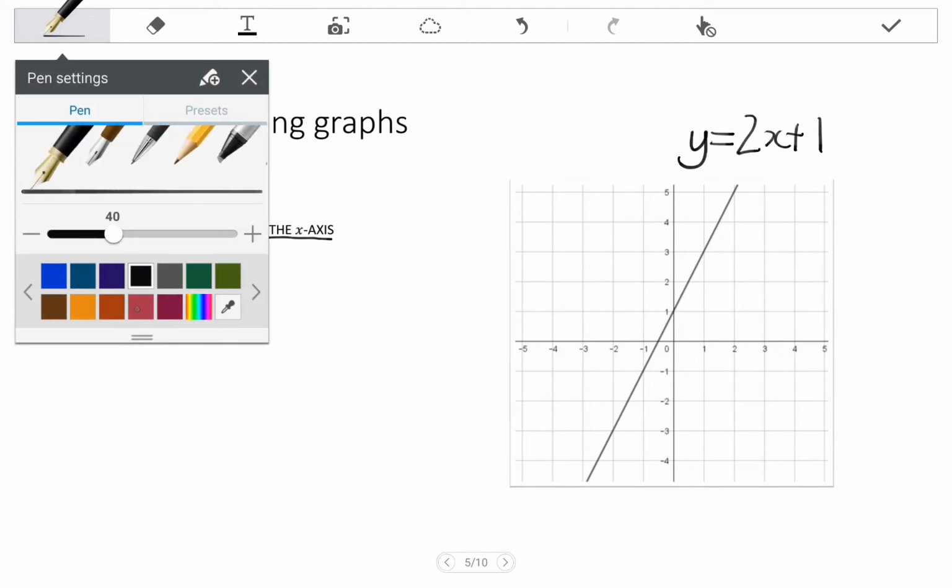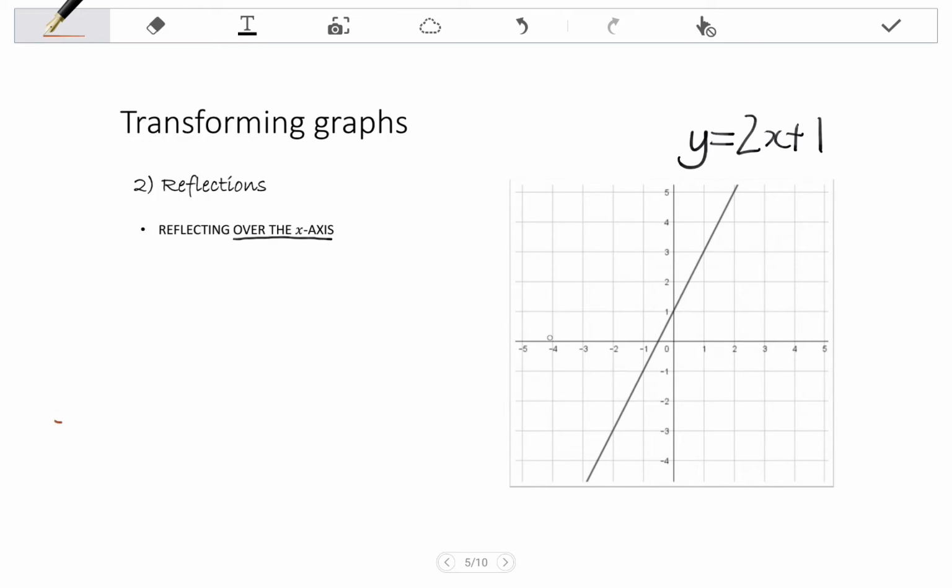If I reflect over the x-axis, it means I'm folding along the x-axis. And what happens is that there is a vertical translation. If I take particular points, they are going to move vertically over the x-axis. That means that the x-coordinates actually stay the same, but what changes is the y-coordinate changes sign.